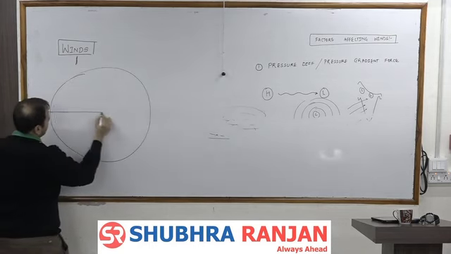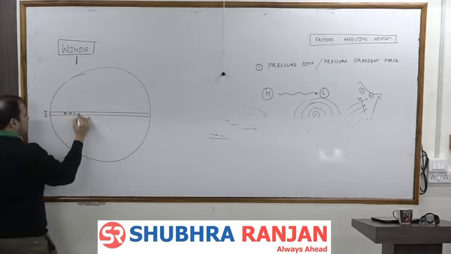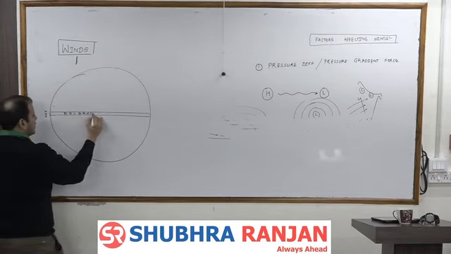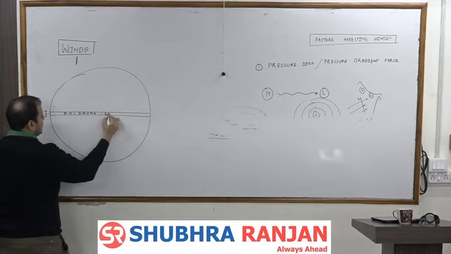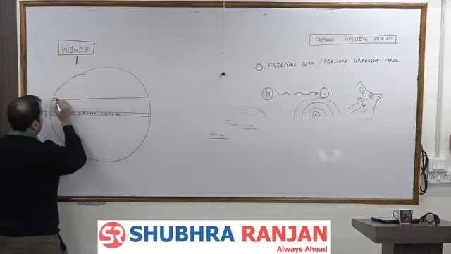This is the which belt? Equatorial low pressure belt. 0 to 10 degree. I will write this as the belt of doldrums, or it is also known as ITCZ. This is subtropical high pressure belt.